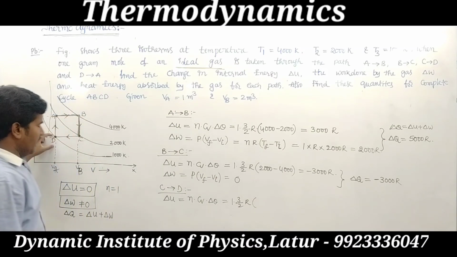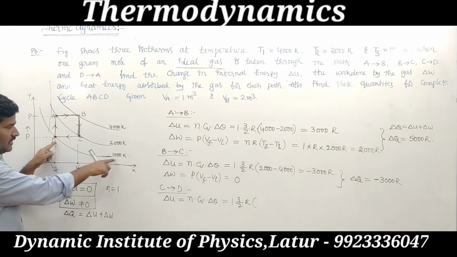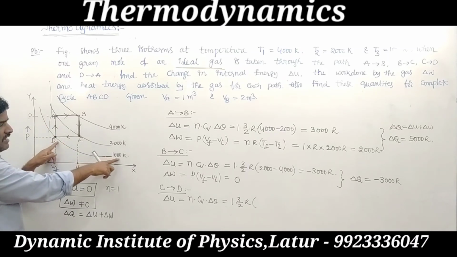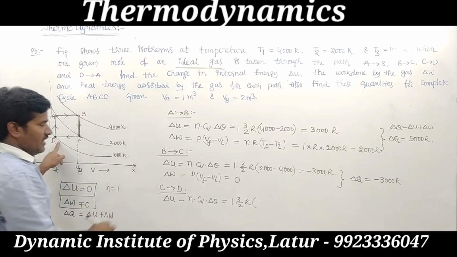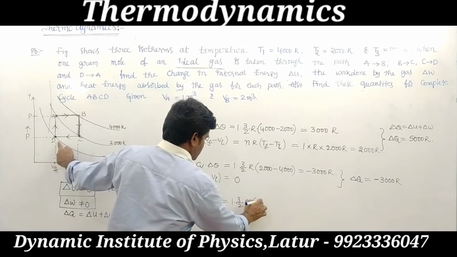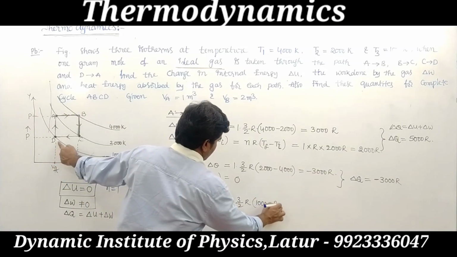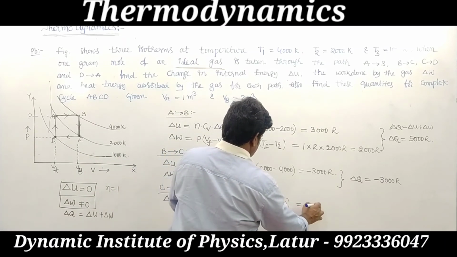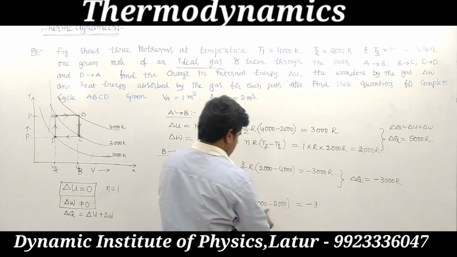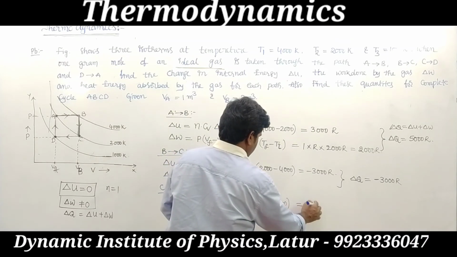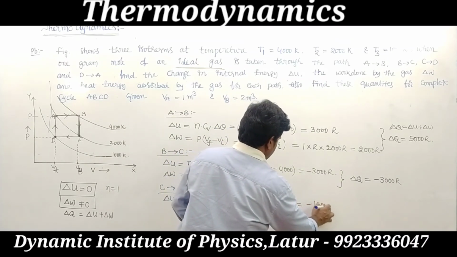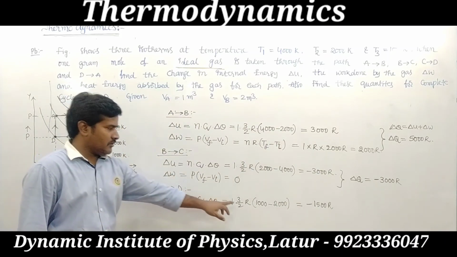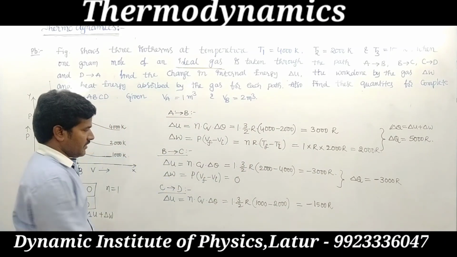D position temperature is 1000 Kelvin, it is on the isothermal line, and C position is 2000. Final minus initial, 1000 minus 2000, its value becomes minus 1000 into 3 by 2, so this is 1500 R. The internal energy equals minus 1500 R.